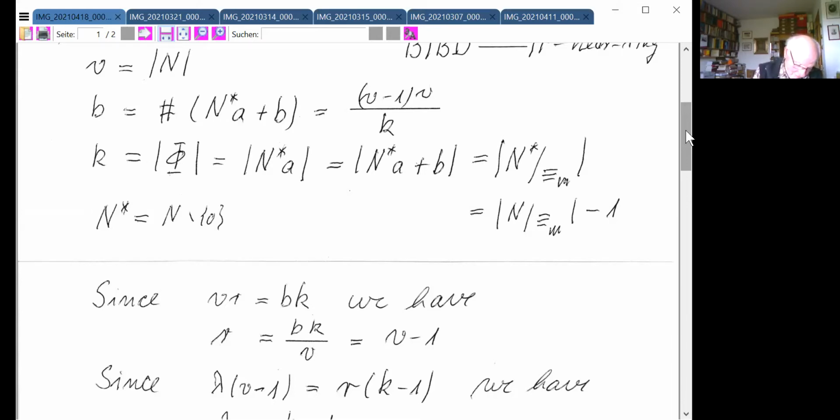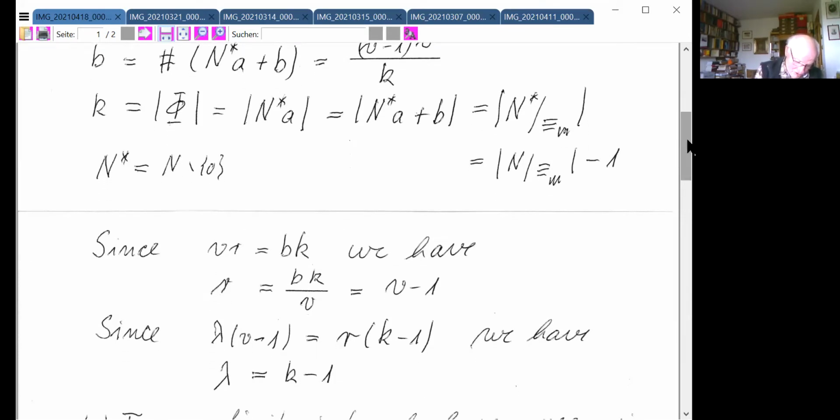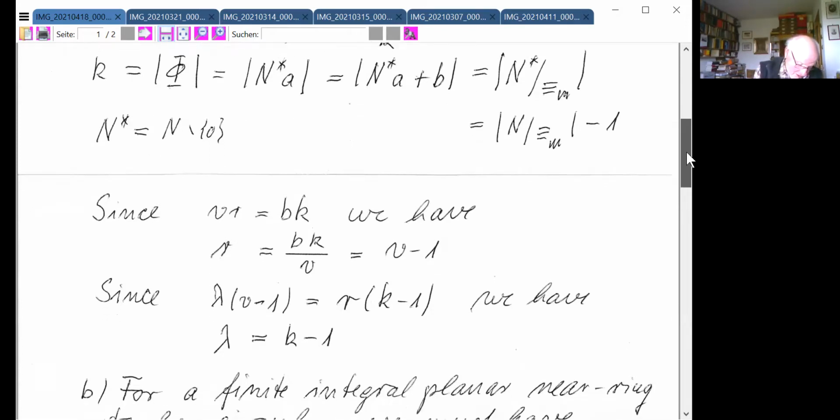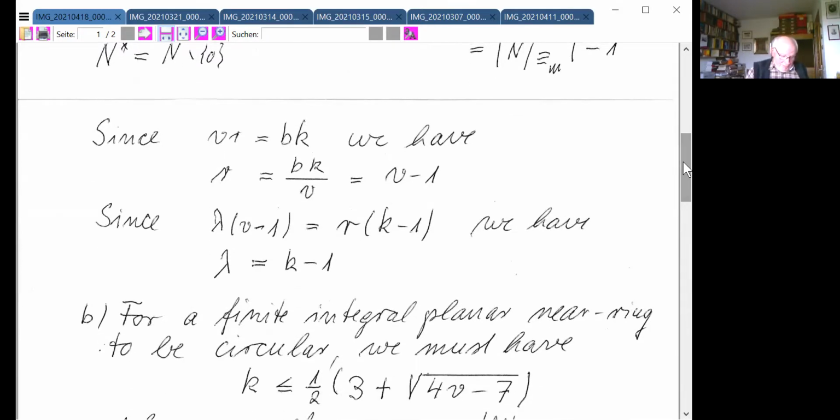This must be v minus 1. And if we take the second equation, we have lambda is equal to k minus 1.